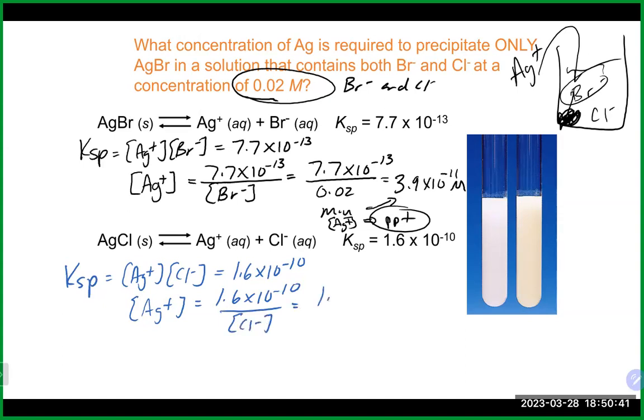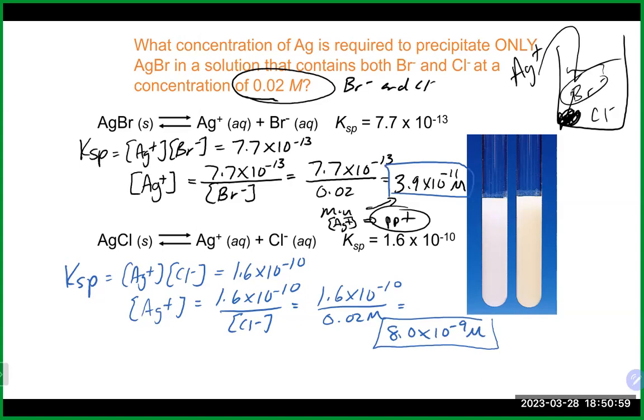Putting in our number, 1.6 times 10 to the minus 10 divided by 0.02 will give us a concentration of 8.0 times 10 to the minus 9 molar. That is the minimum concentration of silver needed to precipitate out silver chloride.